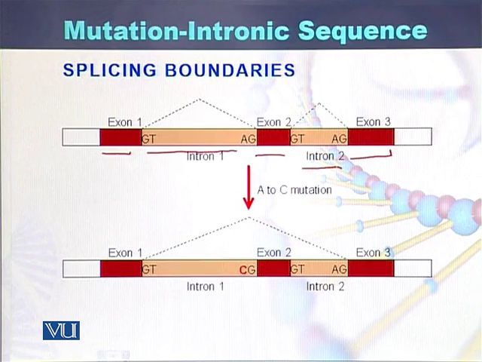If this exon starts at nucleotide 1 and ends at 60, then the next exon starts at 61. If it ends at 100, then 101 will be the first nucleotide of exon 3. This is the pattern of writing coding DNA sequences in eukaryotic genes, because there are intronic sequences between the exons.